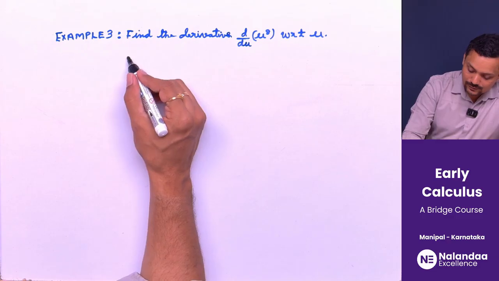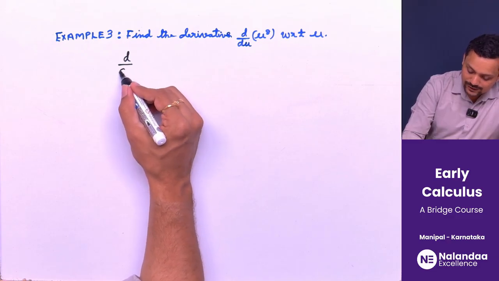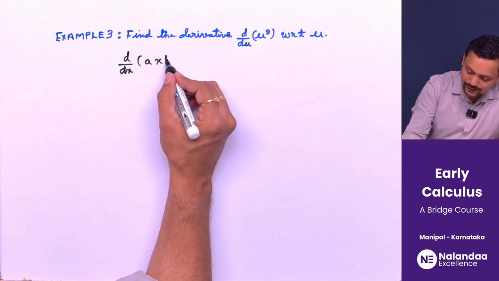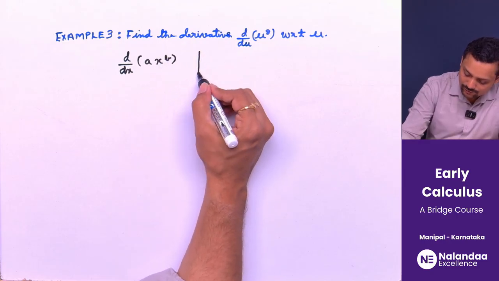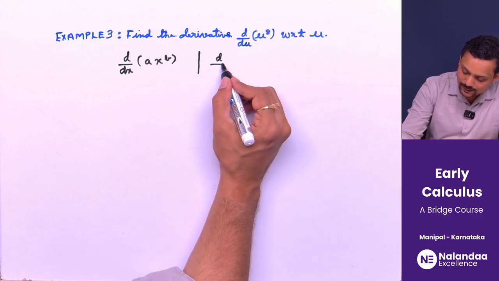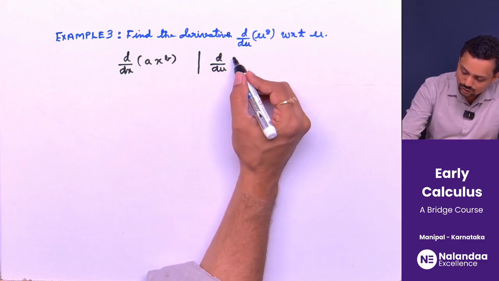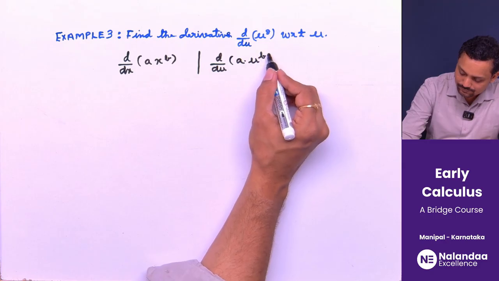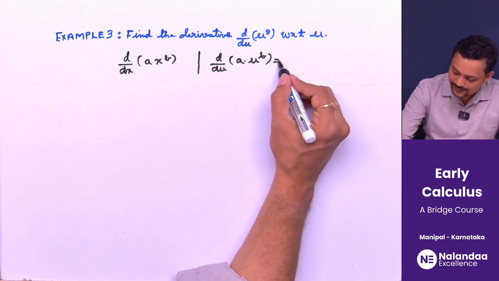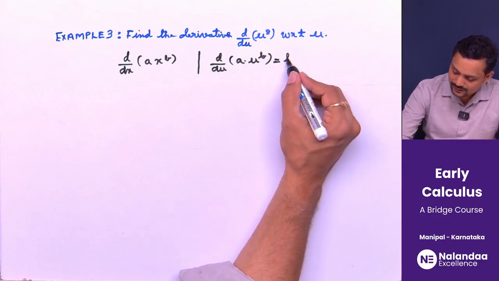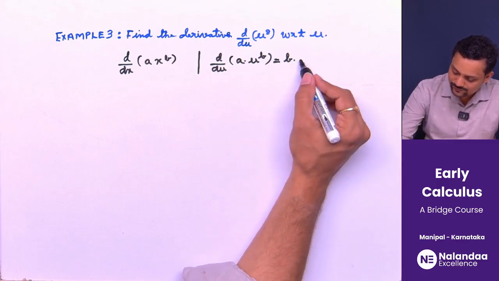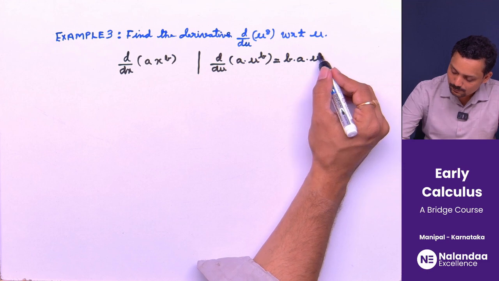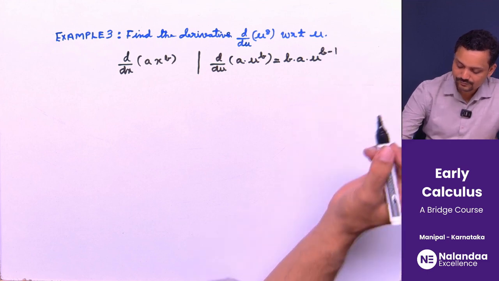So therefore, basically we write d by dx of a into x power b. So now we will just write it as d by du of a into u power b, and the formula is the same. It is the power, that is b, into coefficient, that is a, into u power b minus 1.